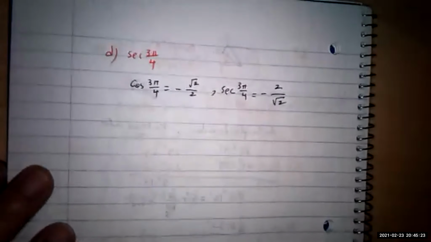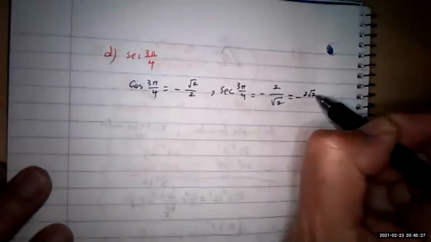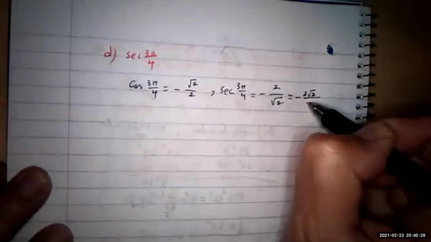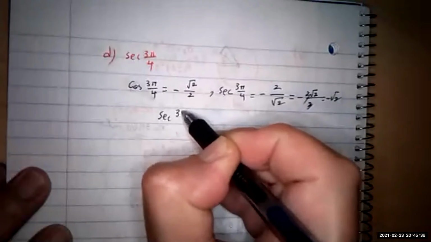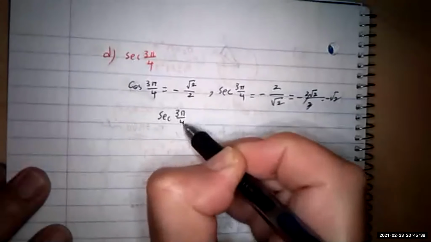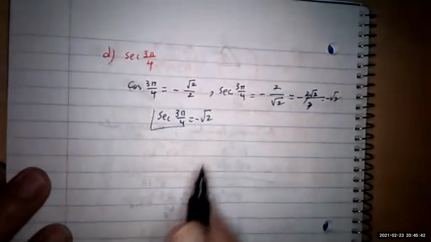Again, you have to simplify it. You multiply by radical 2, so that gives you 2, and it's a negative radical 2. So the secant of 3 pi over 4 is equal to negative radical 2.